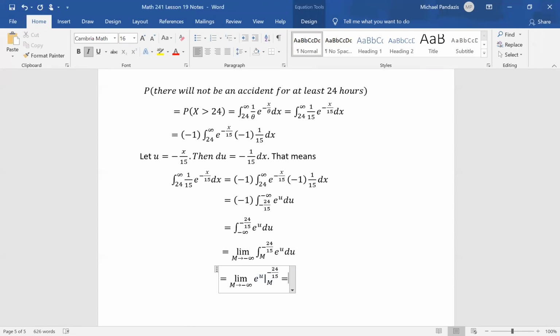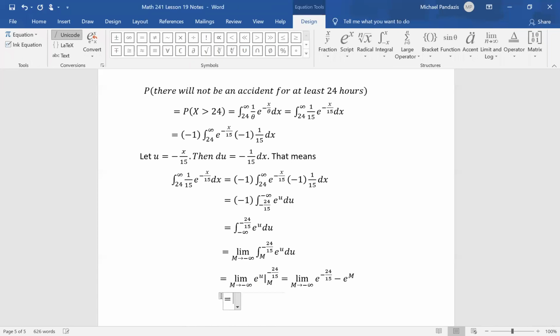So you evaluate that, and you get the limit of e to the negative 24 over 15 minus e to the capital M. As M approaches negative infinity, that goes to 0.